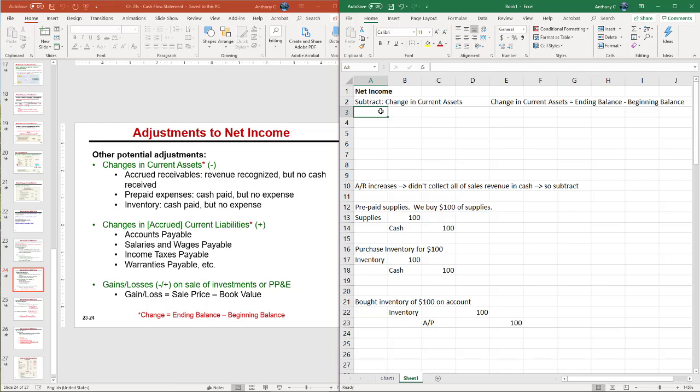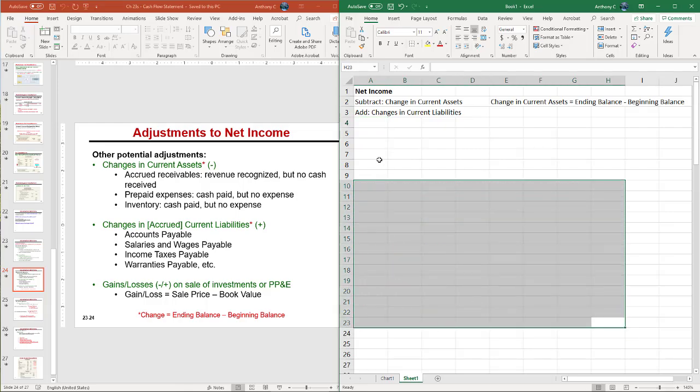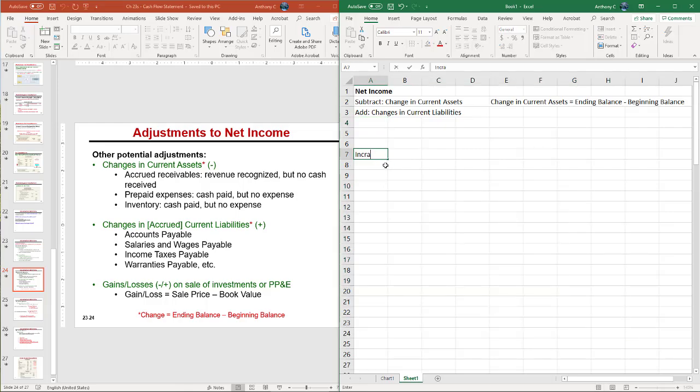All right, so we'll add back any changes in current liabilities. So earlier we talked about an increase in accounts payable. We said an increase in accounts payable means we probably booked an expense, but if we paid for it on account, that means we didn't pay any cash.